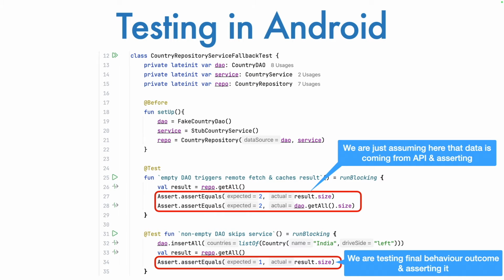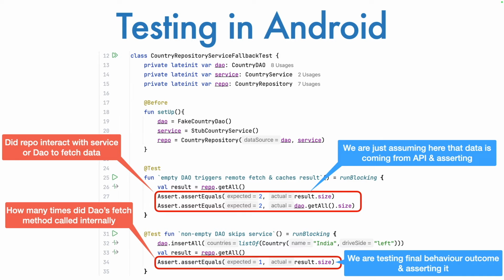But if you look at it, have we tested the interaction of the service with the DAO when it was fetching the data? Did we try to test how many times the DAO method was called internally while it was trying to fetch the data? What I'm trying to say is, in both of the test cases, what we have really tested is the behavior.